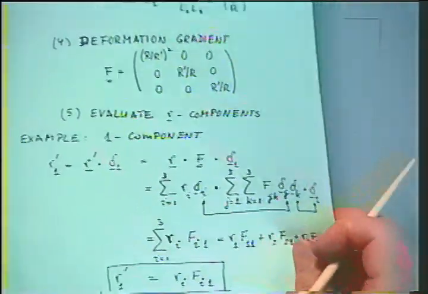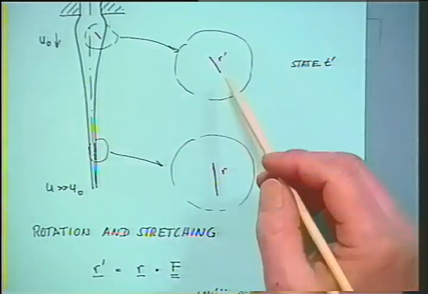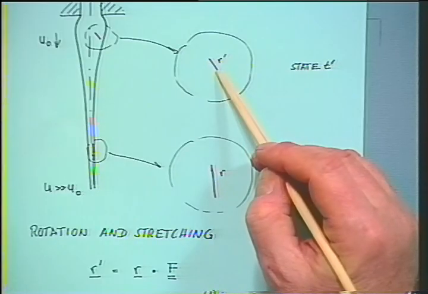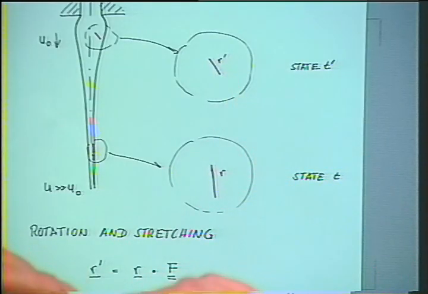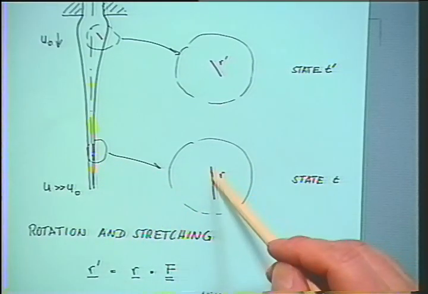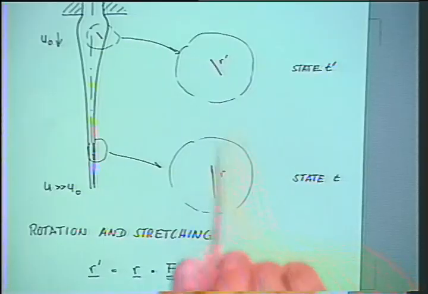Interesting in this experiment, when you look at those components, is the following. You could take a vector R prime, which might be a diagonal of a cube in the beginning, and then when you stretch your material element as the fiber is being stretched, then this vector is elongated and it's rotating.